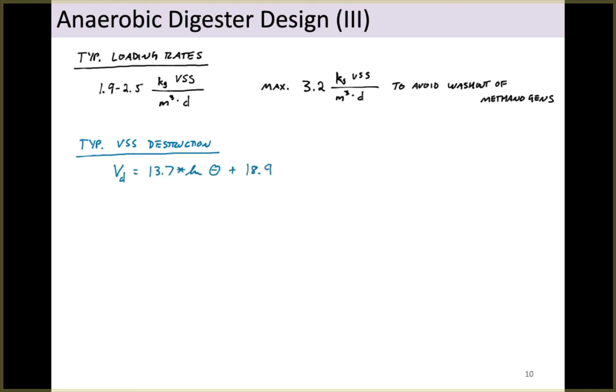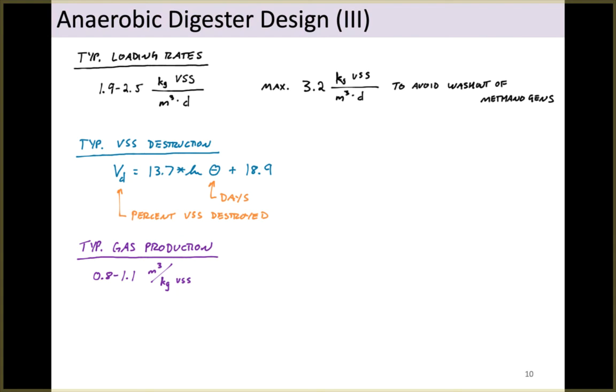How much of those volatile suspended solids are we able to actually process or destroy? One approximation is given here. So you'll notice it's got that design time on the right hand side, theta in days, and the equation written here, 13.7 times the natural log of theta plus 18.9. That should get you the percent of volatile suspended solids that you'll actually destroy or process.